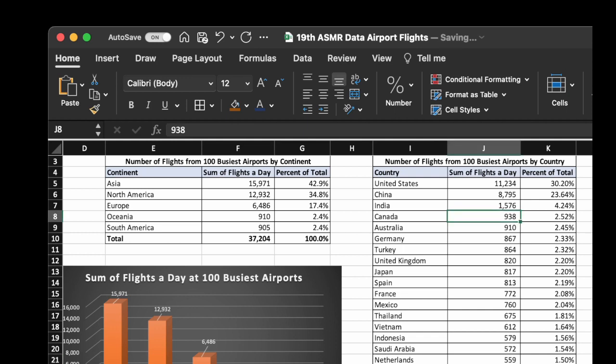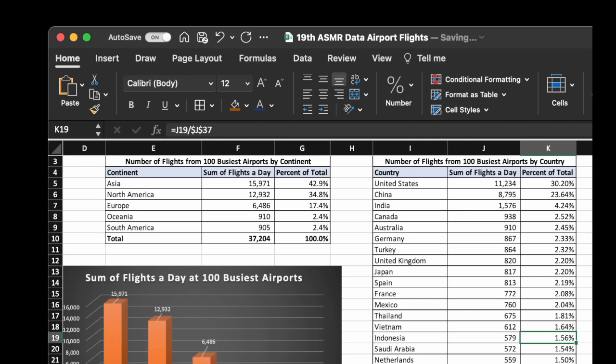You get into Canada, Australia, Germany, Turkey, United Kingdom, Japan, Spain, France, Mexico. I'll round up in the 2%, and then it's all the way down to Qatar, which is 0.62.